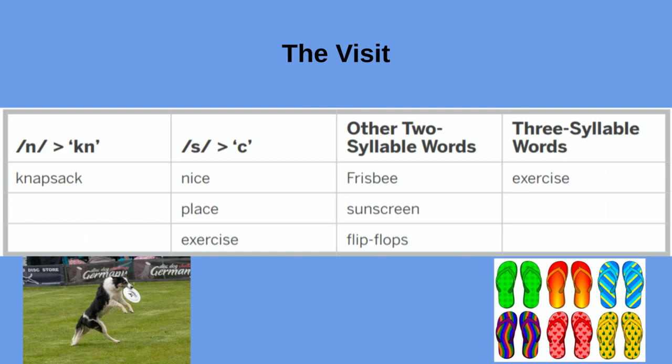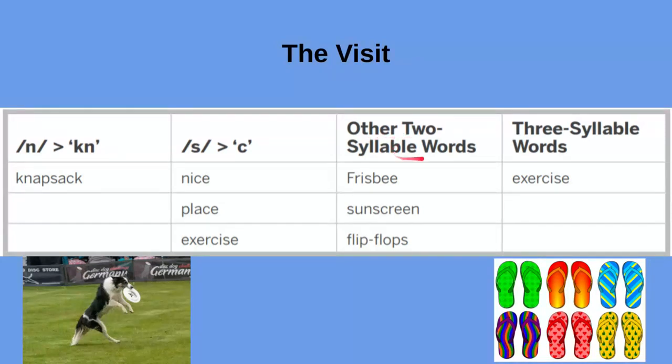How exciting! Our story for today is called The Visit. Before we start reading, we have some words that we might need to preview so that once we come across them in our story, we know what they say. Okay, we have knapsack, and in this word KN does the sound N. In these words, C says S: nice, place, exercise.